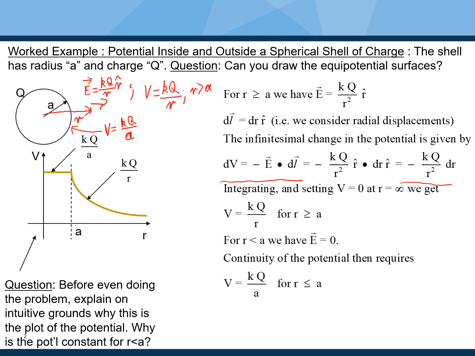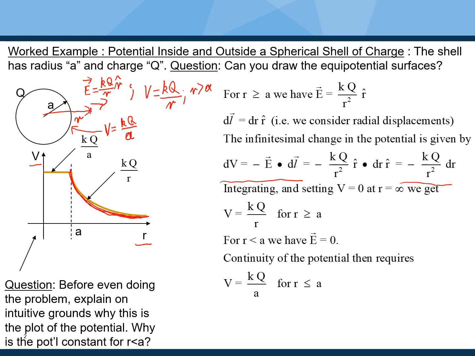Okay, so we see now that if we wanted to plot the potential as a function of radius, which is done out here, V as a function of r, then for points r greater than or equal to a, we have V going as kq over r, exactly as we expect for a point charge of similar charge, which is located at the center of the sphere itself.